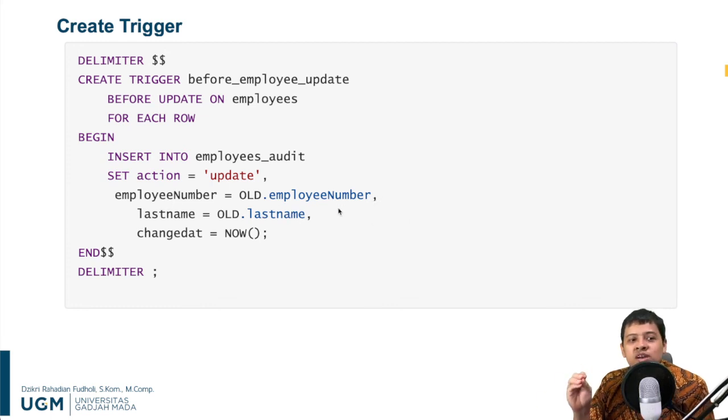So while we update the employees, we will store the old value in the employees audit. As we can see here, the change date is now. So this table functions to record what's being changed.